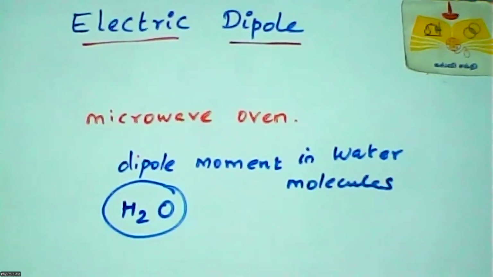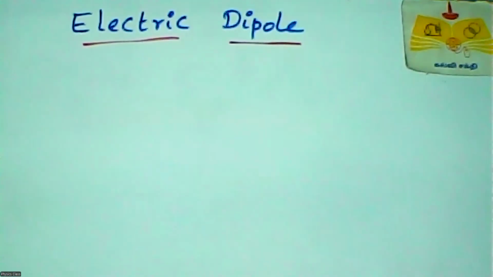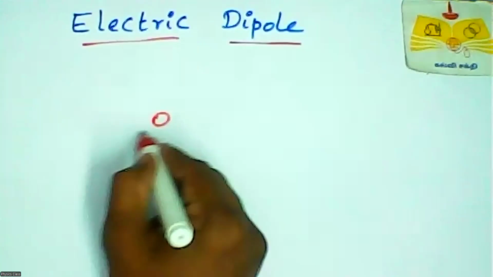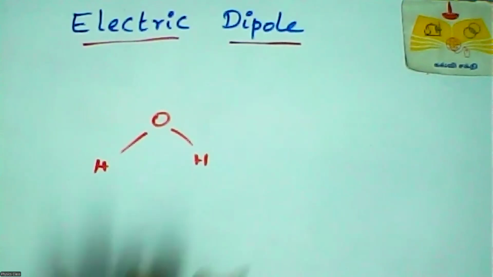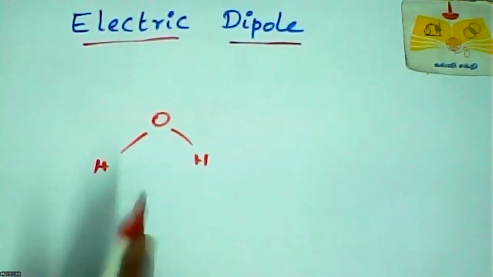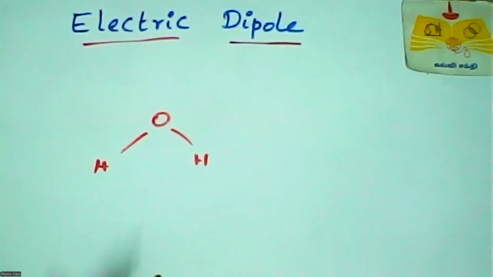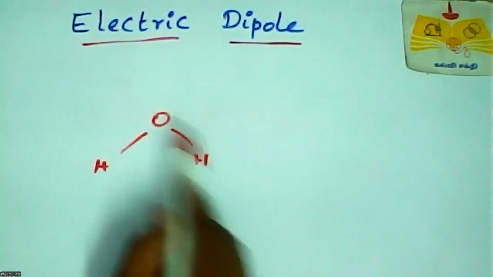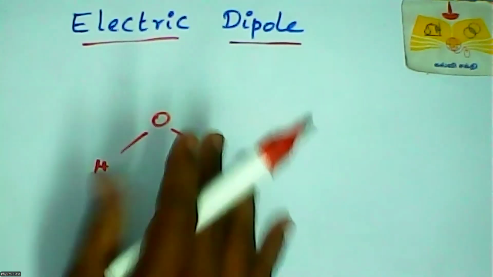So a water molecule, H2O, has a bent shape, not a straight line. Like this: oxygen, one hydrogen, not a straight line shape. The oxygen atom is highly electronegative, meaning it pulls the shared electrons from the hydrogen atoms closer to itself.